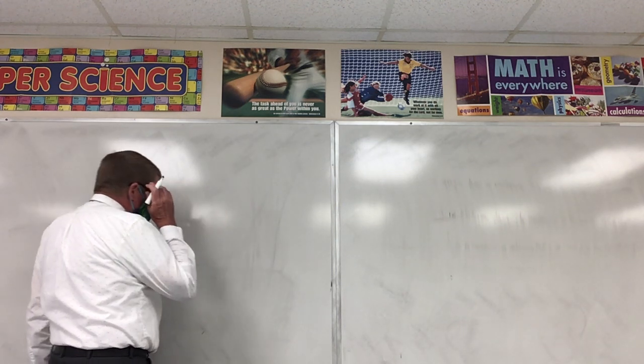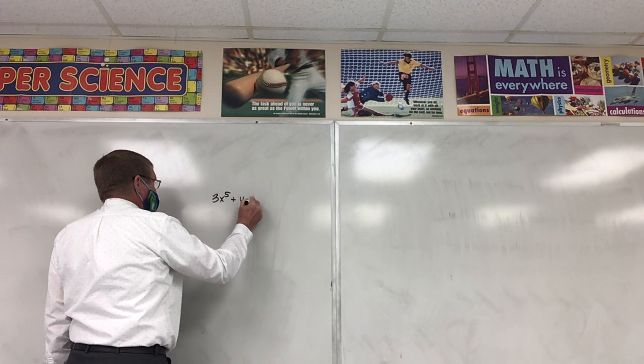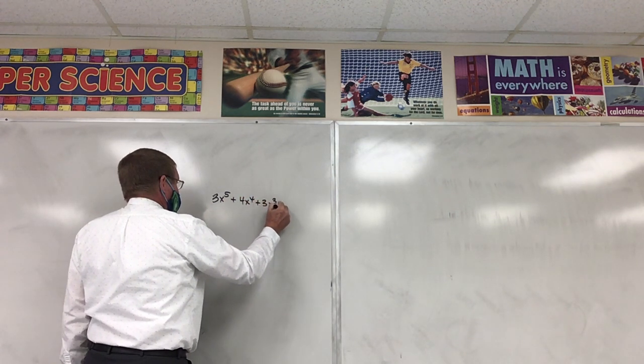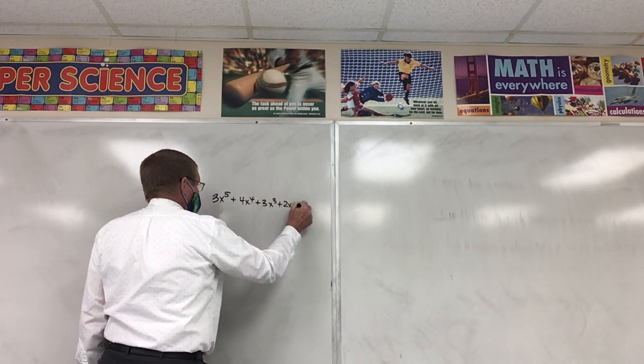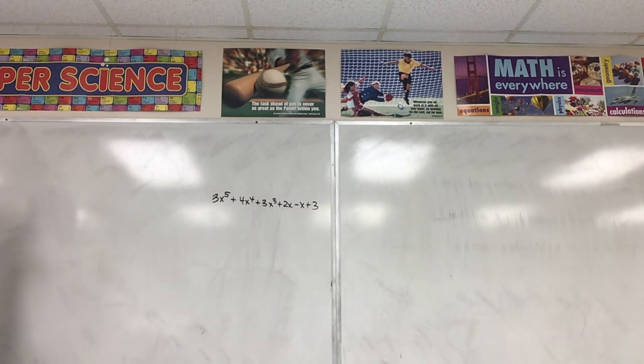Say for instance, if I had 3x to the fifth plus 4x to the fourth plus 3x cubed plus 2x minus x plus 3.